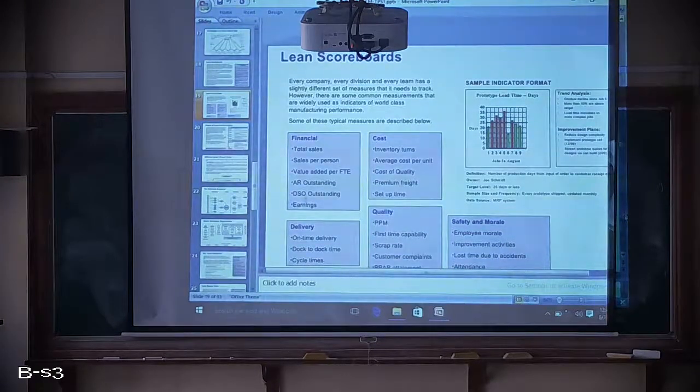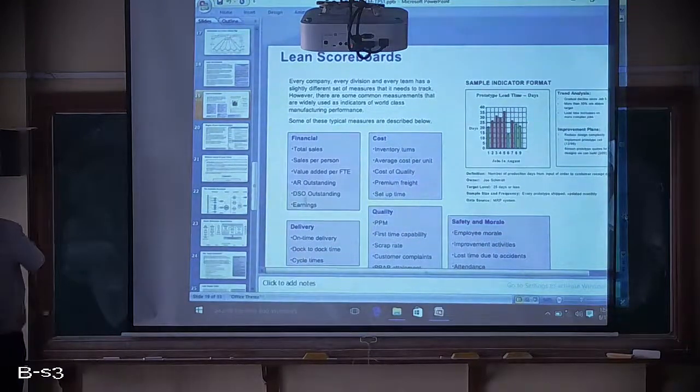In case of delivery: on-time delivery, dock-to-dock time, cycle time. Quality: parts per million, first-time capability, scrap rate, customer complaints. Safety and morale: employee morale, improvement activities, lost-time accidents, attendance.